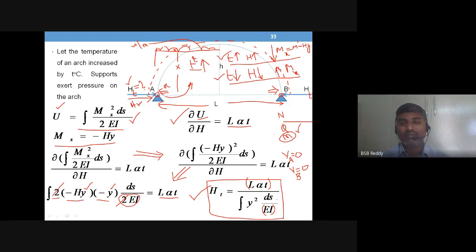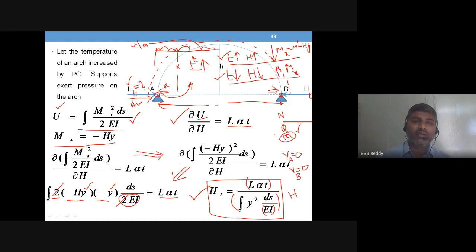The denominator is the same as in the earlier derivation for H due to loads, where the numerator will be integral M dash y ds by EI, divided by integral y square ds by EI as the denominator. So the denominator is the same, only the numerator part is changing. Okay, so that is to incorporate the temperature change.